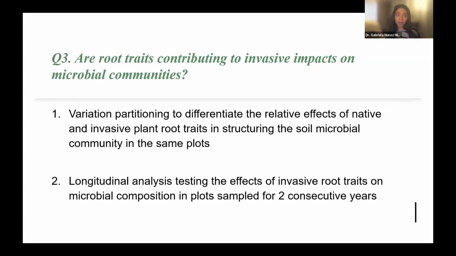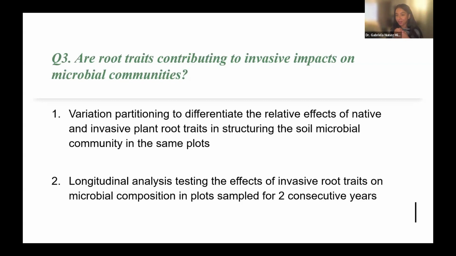So we approached this question in 2 ways. First, we did some variation partitioning to differentiate the relative effects of native and invasive plant root traits in how they structure the microbial community when they're in the same plot. So we're looking at the roots of invasives and of natives in the same plot and seeing how much each of those affect the microbial communities. And the second approach that we used was a longitudinal analysis. So as I said before, some of these plots were actually sampled in several years.